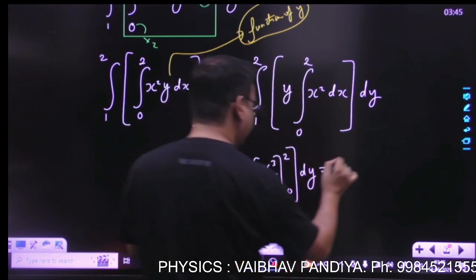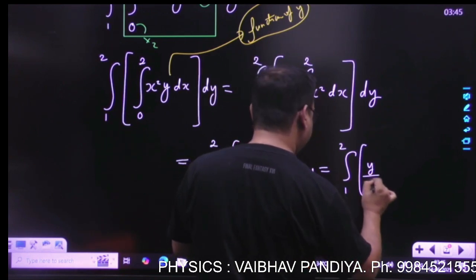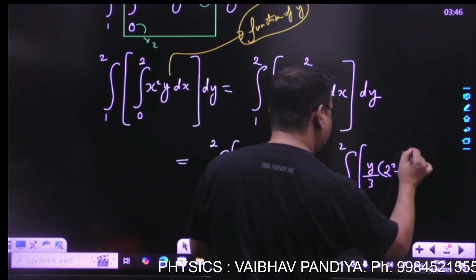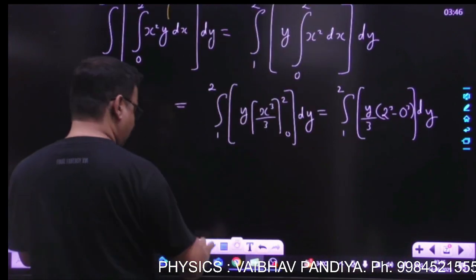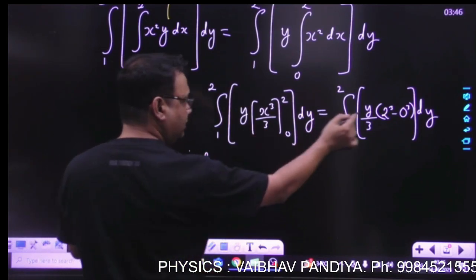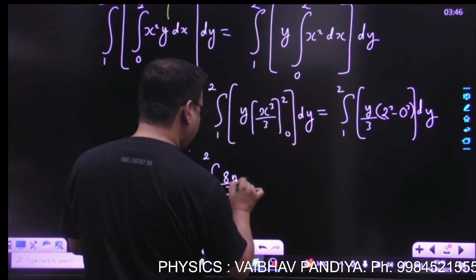So this will come to be the integral from 1 to 2, y by 3 is taken out, we'll get 2 cube minus 0 cube, and we have dy, correct? What you will have is the integral from 1 to 2, and this will be 8, so 8y by 3 dy.